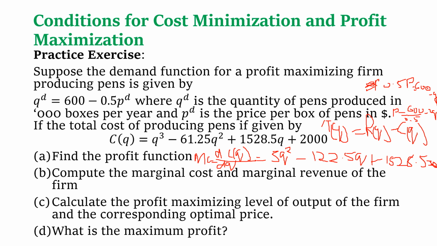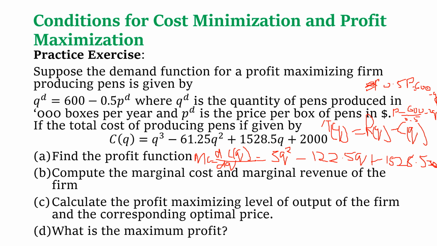That revenue minus this cost, you get the profit. Simple as that. How do you get the marginal revenue? You differentiate the revenue function, dR/dQ, to obtain that. Then you find the profit-maximizing level of output of the firm and the corresponding optimal price. What is the maximum profit?